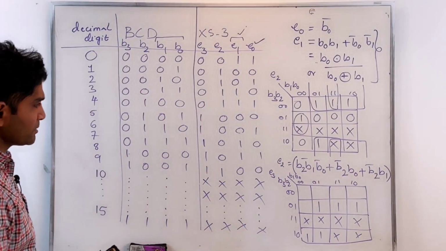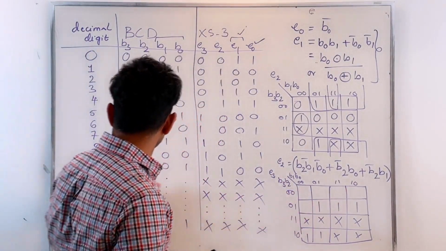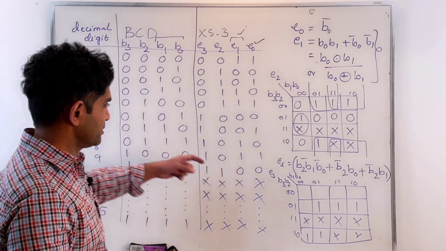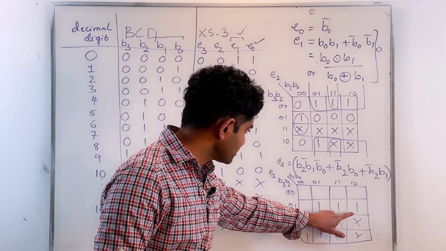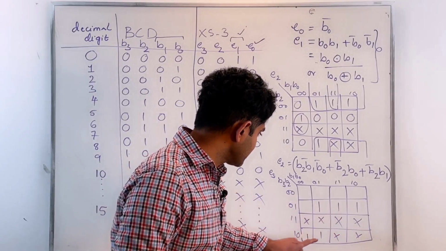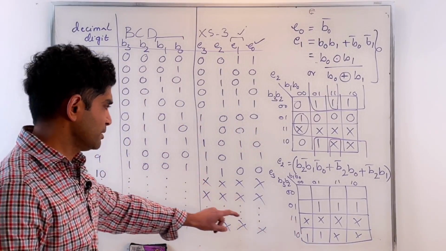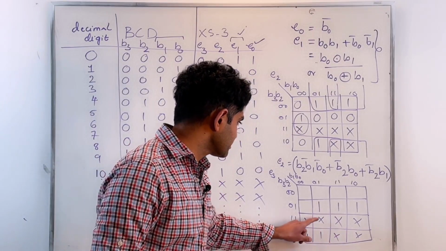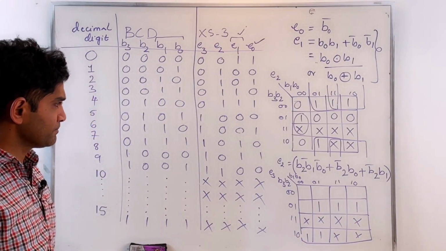Okay. Is that correct? 0, 1, 2, 3, 4, 5 are ones. 6, 7, 8, 9, they're all ones. And then the rest of them are all don't cares for E3. And now I have to combine them.